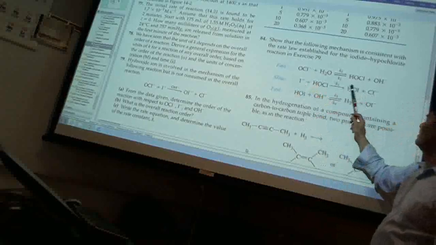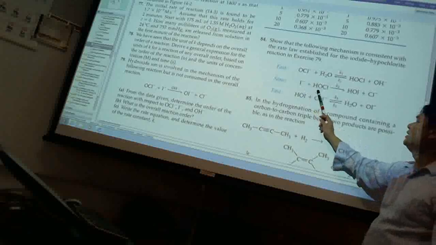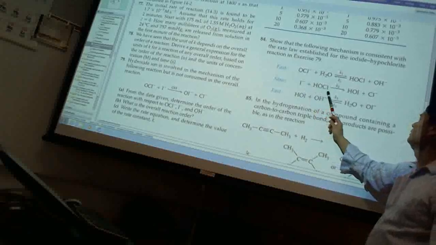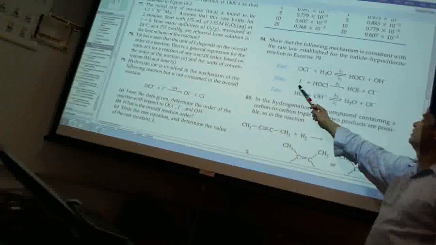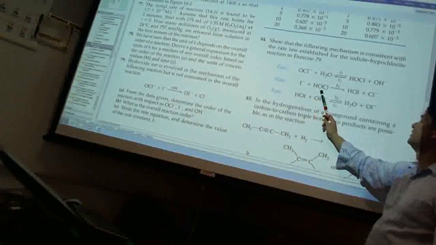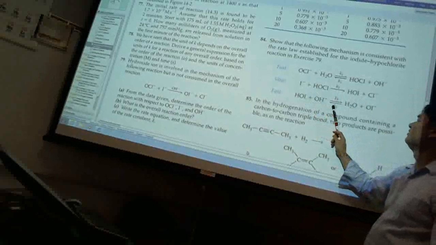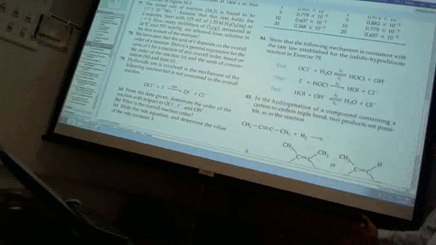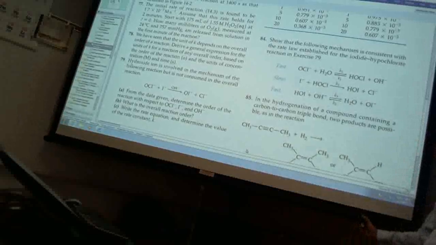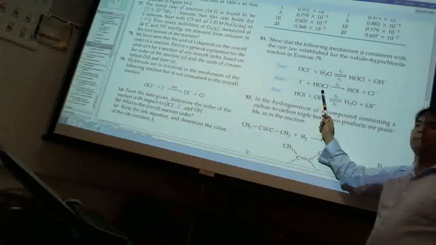Okay, let's take a look at the next reaction here. The next step is iodide and hypochlorous acid builds hypoiodous acid and chloride. They're calling this the slow step here, followed by a fast step. And so the RDS for this reaction is going to be the middle one here.